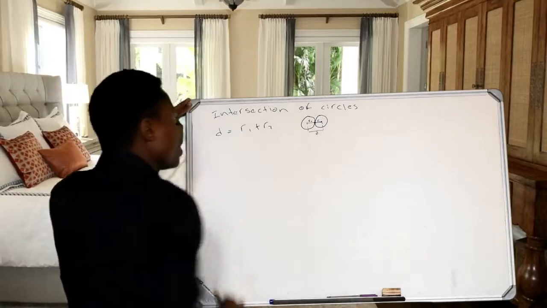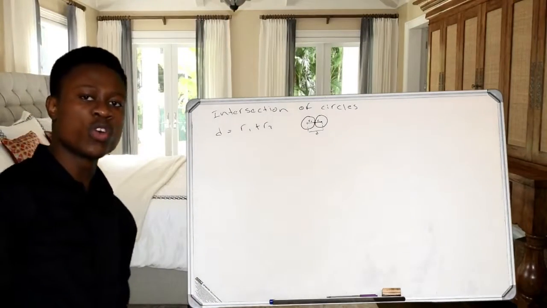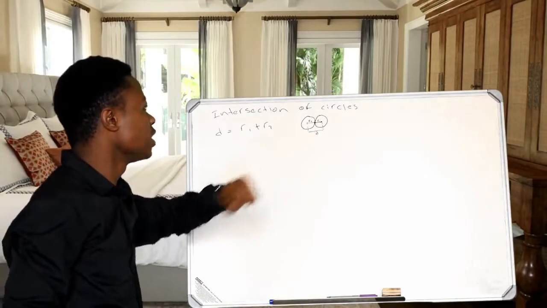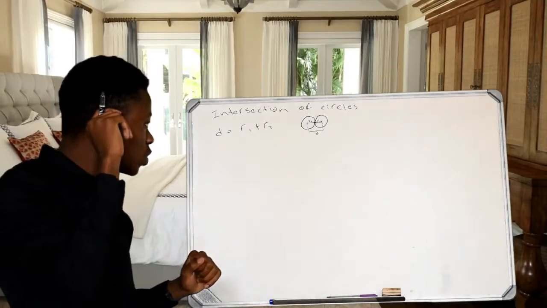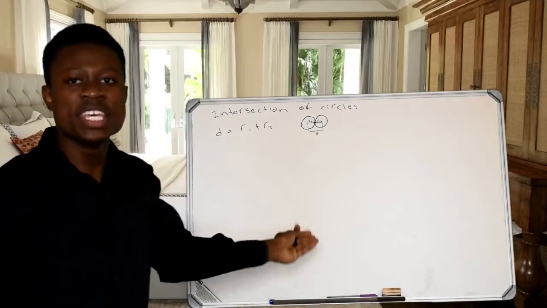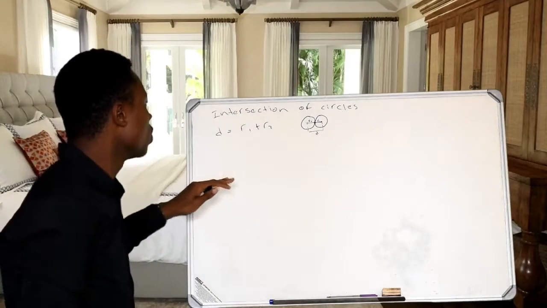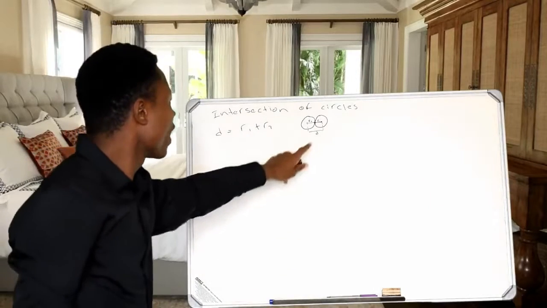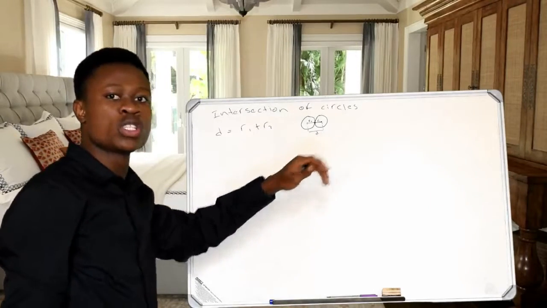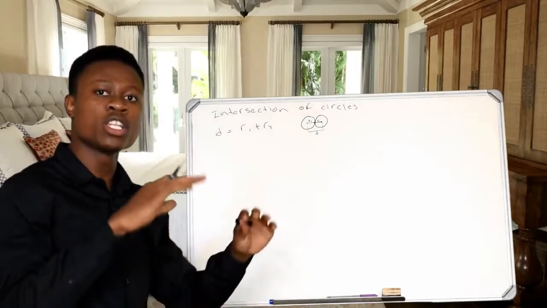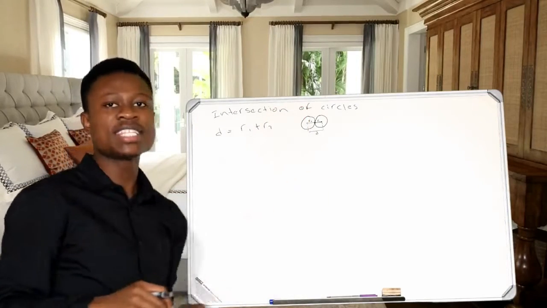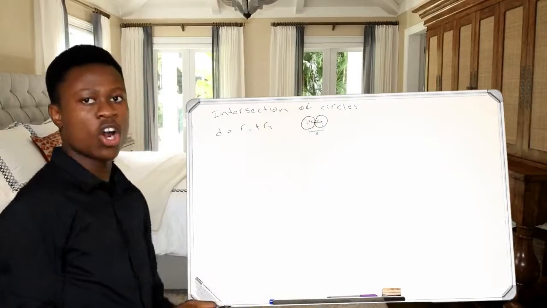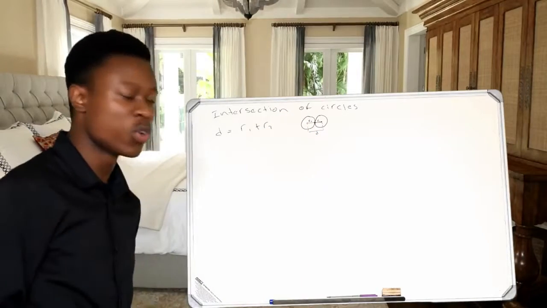If those two radii added together form the distance between those 2 circle centers, that means the circles touch in only 1 point. How do I find this? I just use the distance formula, and the coordinates that I use are the 2 center points, right? That's how I find that distance. R1 plus R2 is just the addition of the 2 radii.